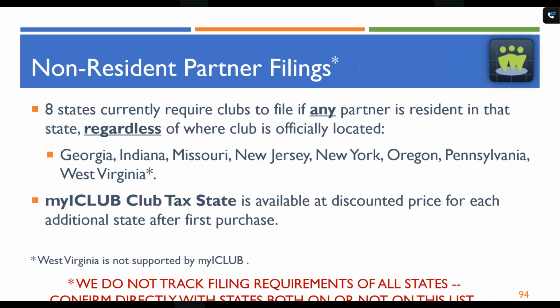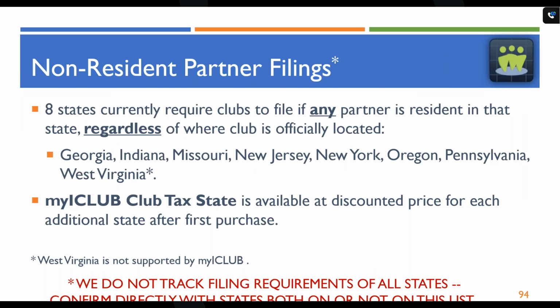Now, there are also a handful of states that require clubs to file, not necessarily based on whether the club is incorporated in the state, but whether the club has any members who live in the particular state. So there's a handful here: Georgia, Indiana, Missouri, New Jersey, New York, Oregon, Pennsylvania, West Virginia has the asterisk there.